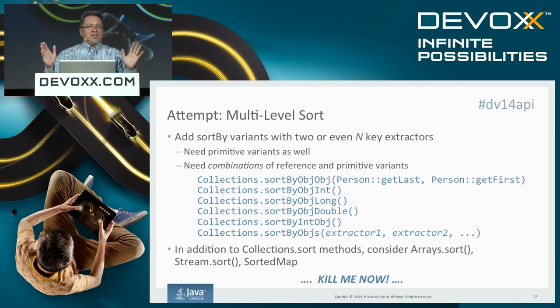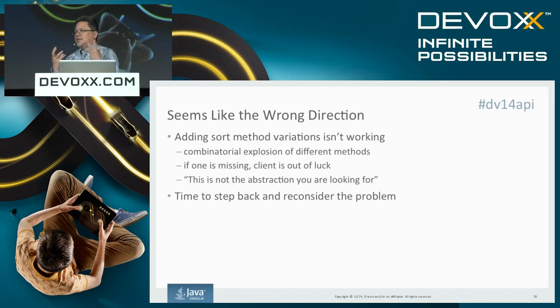So nobody's going to implement all of these and write all the tests for all of these variations of sorting on collections, on streams, on arrays, and on ordered maps. So you can tell that this is going in the wrong direction, right? We have all these variations of sorting, and saying, let's add another method that covers this variation, we get a combinatorial explosion of different sorting methods.